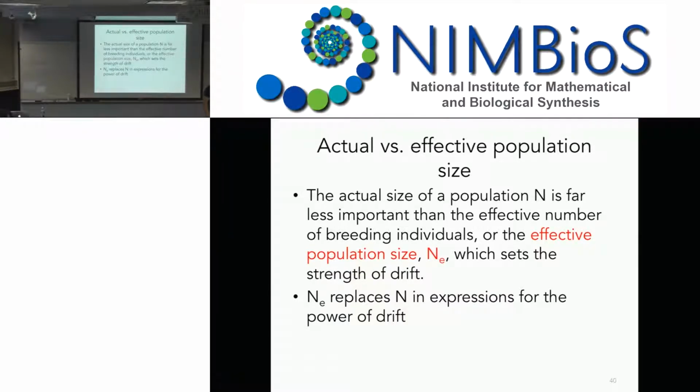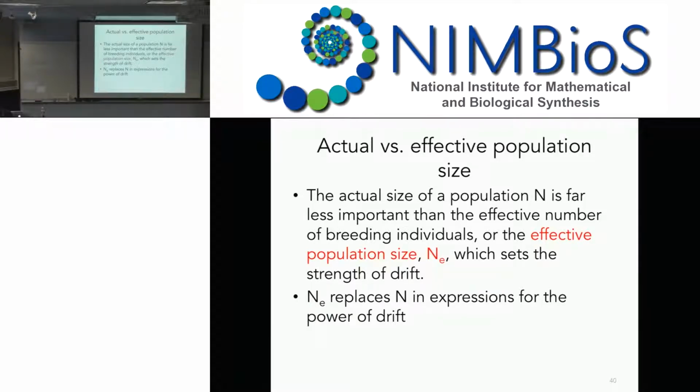In fact, one of the big findings with genomics is just how much selection has influenced linked sites by reducing the effective population size, something called the Hill-Robertson effect we'll talk about in a couple of days. So what I want to know is, is there some effective population size that sets the strength of drift when the census size isn't a good reflection of how many genes are being passed on?